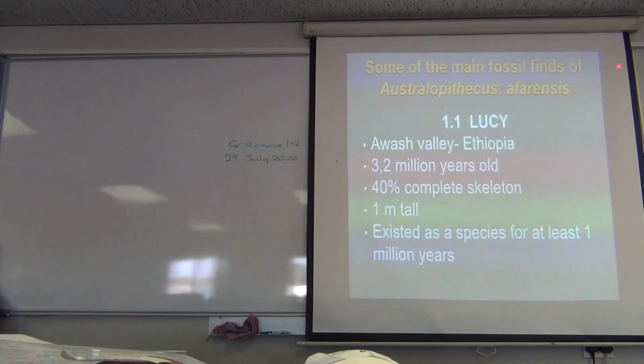And Australopithecus afarensis existed as a species for at least 1 million years. Matt, focus. It's a being that's this tall, like this, like that.